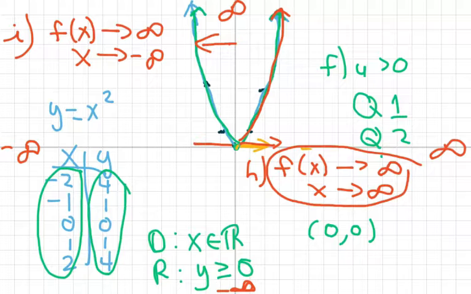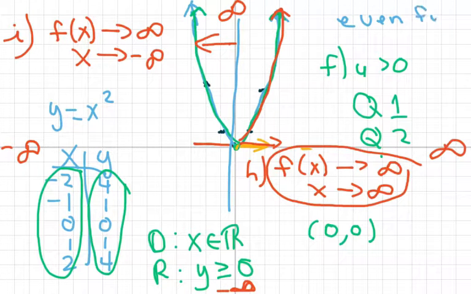Okay, symmetry. It's symmetric to the y-axis here, so I can fold it on the y-axis and it matches up. When it's symmetric to the y-axis, that means it's an even function. So that takes care of that.